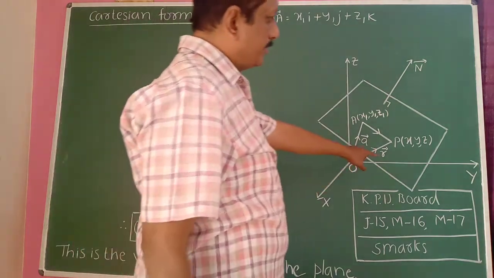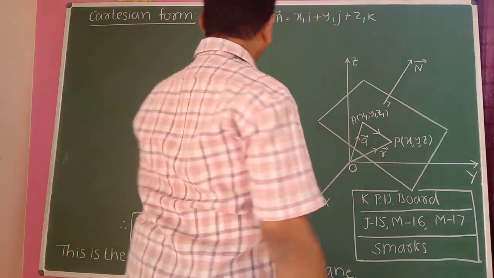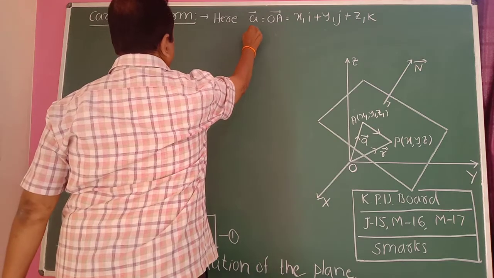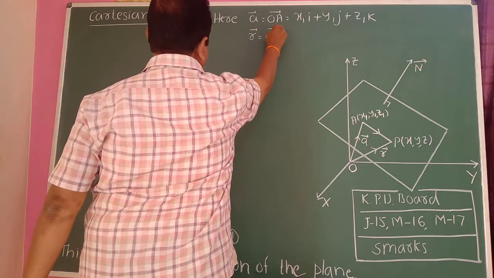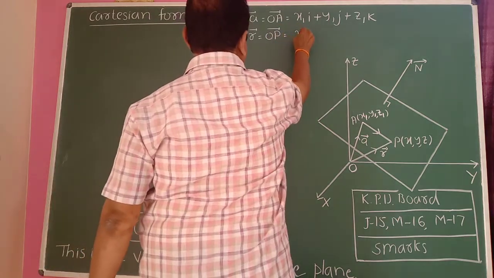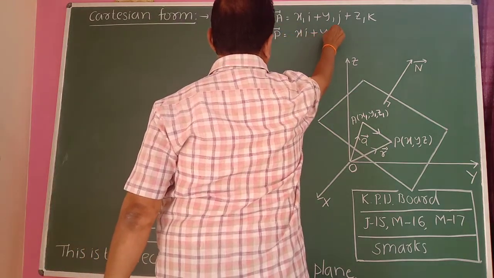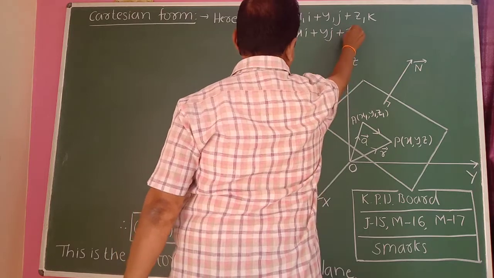Then the coordinates of the point P are (x, y, z). Therefore r bar, that is OP bar, is equal to x i plus y j plus z k.